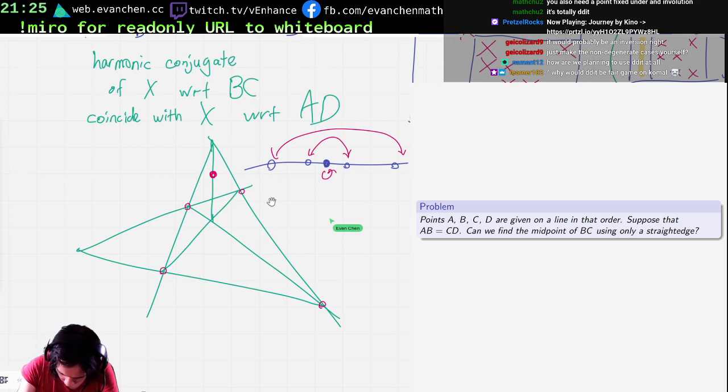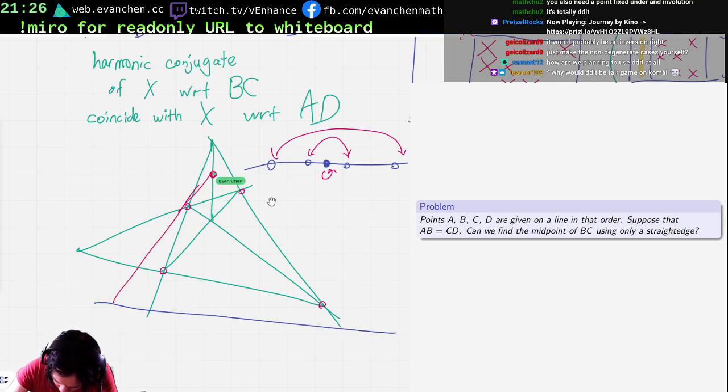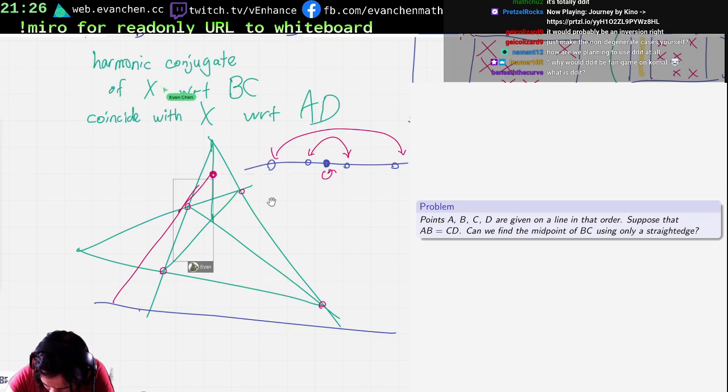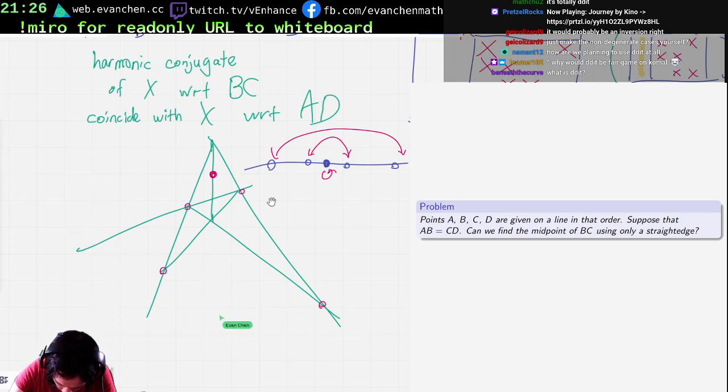Okay, so given a blue line, I need to find a green quadrilateral and a red point on it such that you can do that. Okay, so that's very stupid. So let me first try it where the blue line is just the base. I don't know. I feel like I'm missing a degree of freedom or something.